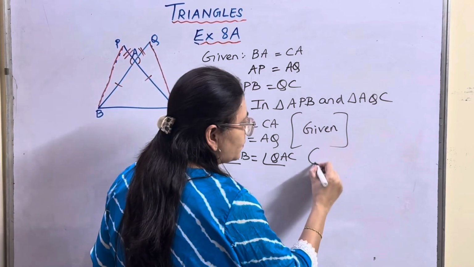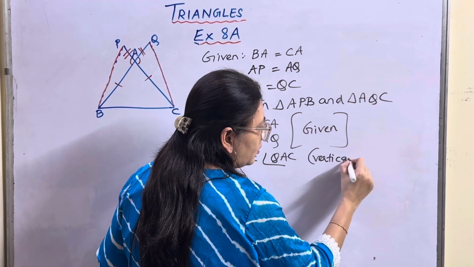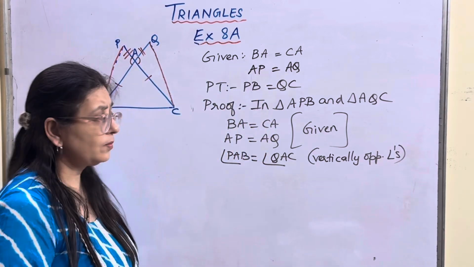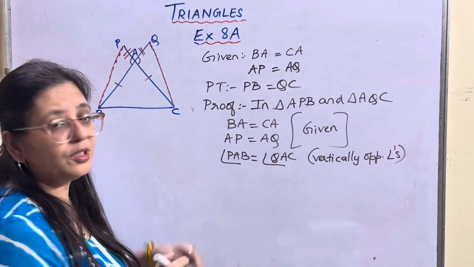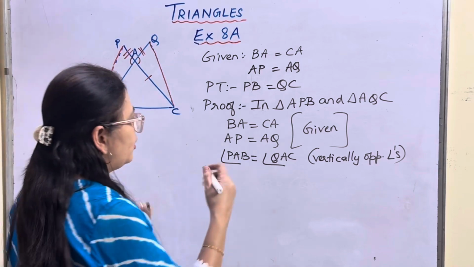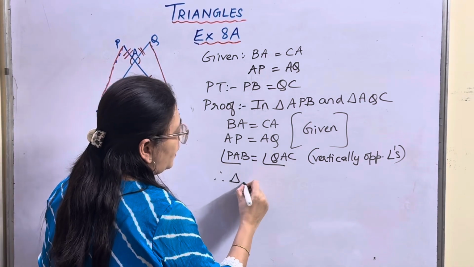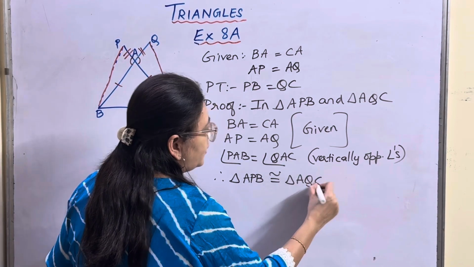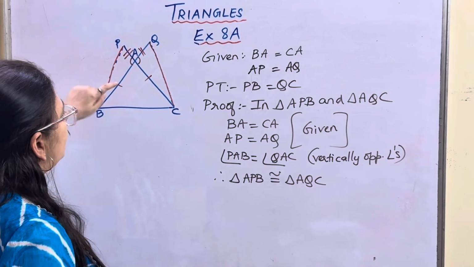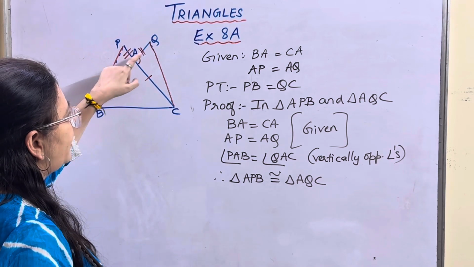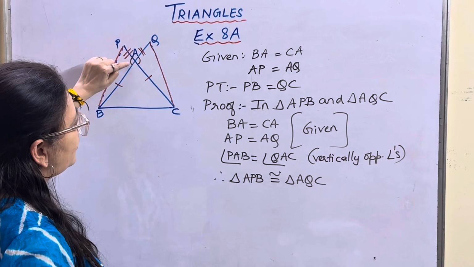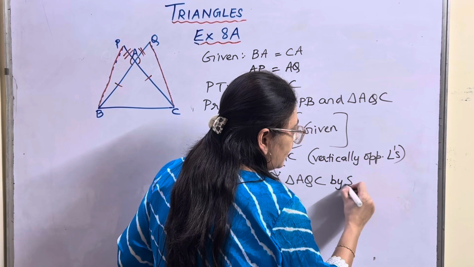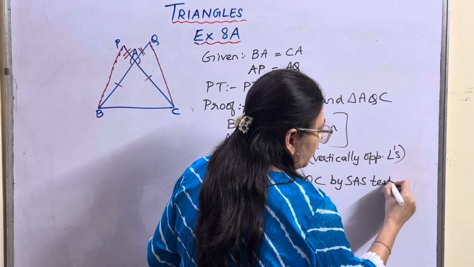What is the reason? Vertically opposite angles. Three conditions are done. Now we say these two triangles are congruent. So therefore triangle APB is congruent to triangle AQC. Now check which test? Side, angle, side. If this side and this side, this becomes your included angle. So by SAS test of congruency.